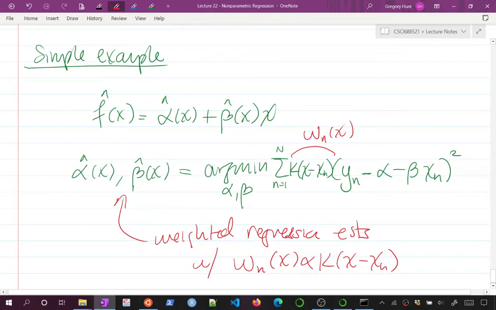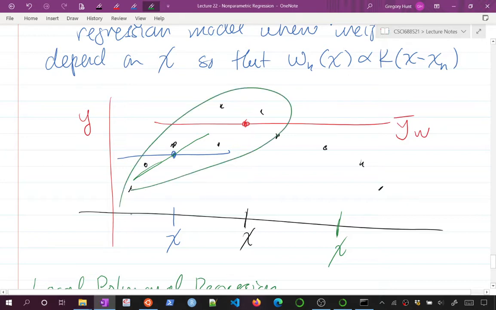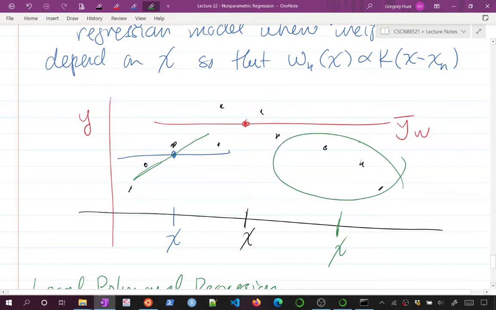So notice that we refit our alpha and beta at each point, right? So if I go back up to my picture, if I have my little x over here, I'm weighting these four points maybe highly because the x coordinates of the training points are near x. But if I were to fit at some x over here, I would downweight these training points, and I would upweight those training points.